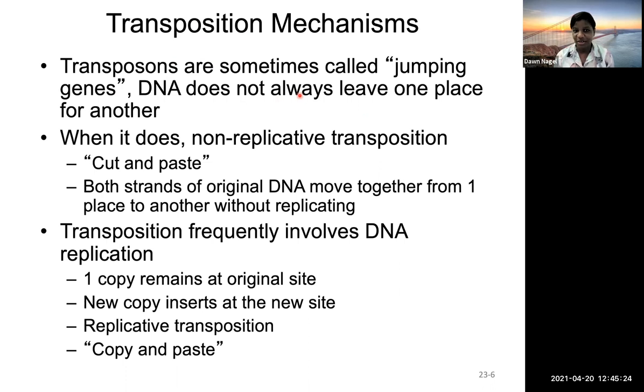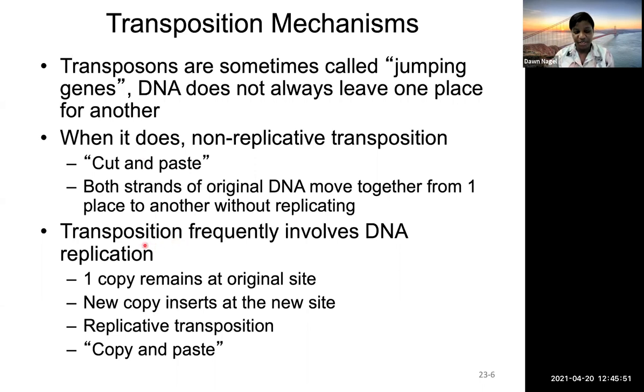So it doesn't necessarily have to move from one place and go to another place. But when it does that, it's usually referred to as a non-replicative transposition. So it's cutting, moving to a new location and pasting in that new location. So cut and paste, okay? So both strands of the original DNA move together from one place to another without replicating.